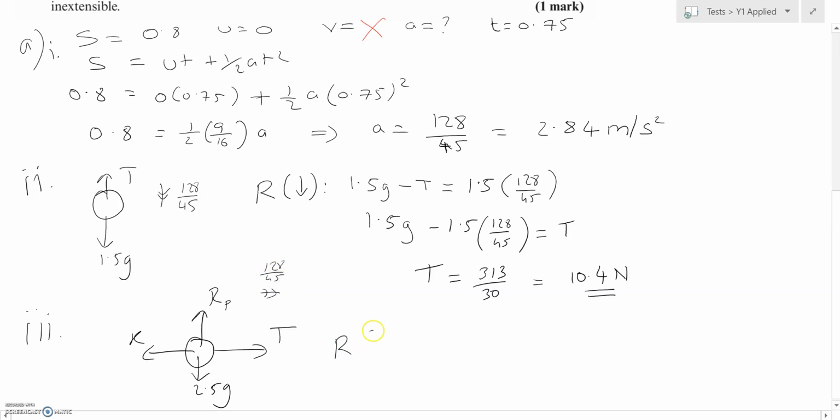If we calculate our resultant going to the right this time, because acceleration is to the right, then you've got tension pulling it forwards, and K pulling it backwards, and that's equal to mass times acceleration.